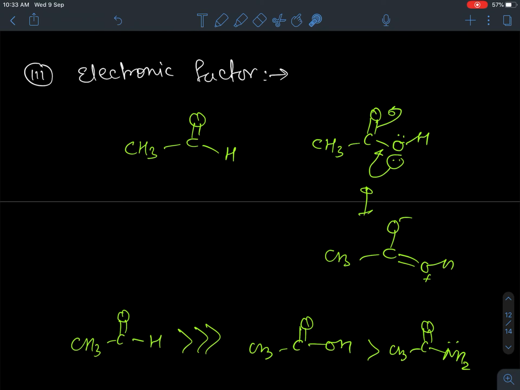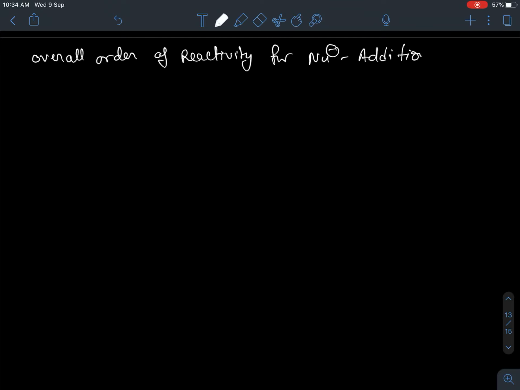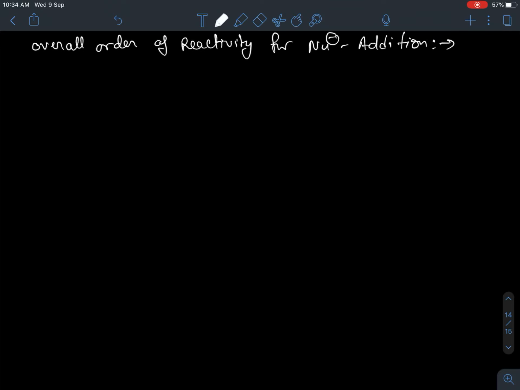Okay. So now let us look at the overall order of the reactivity for nucleophilic addition. So what is the order?